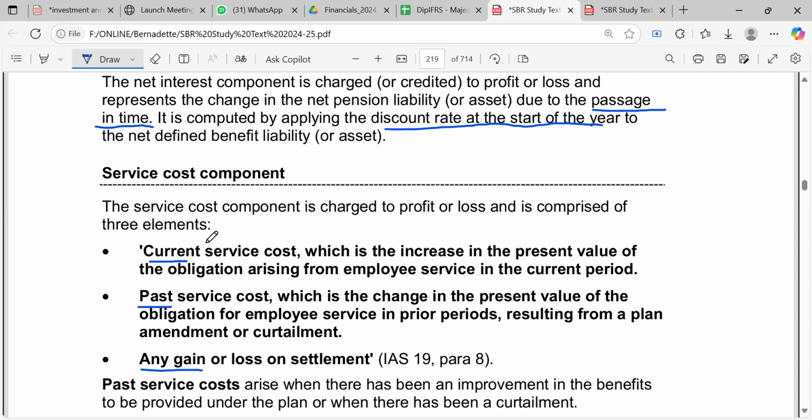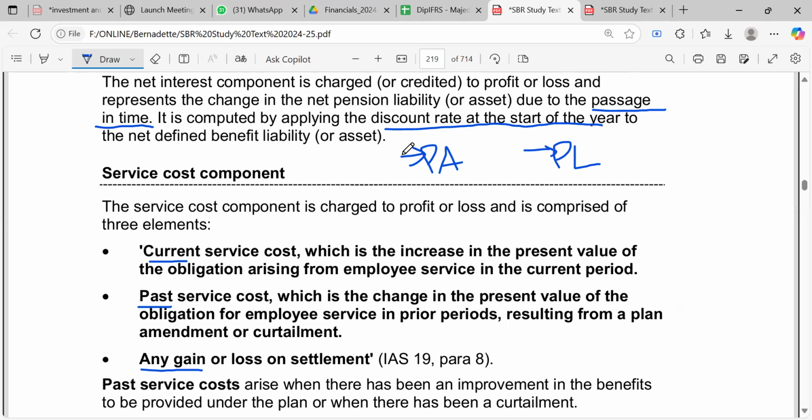When we speak of the current service cost, what is it? It is simple. We consider the current year. That's why you call it the current service cost. So it is the increase in the present value of the obligation. Look, like I told you, you have the plan assets and the plan liabilities, right? And remember, I told you, when you read something, you need to know whether it increases the plan asset or the plan liability to be able to define it well.